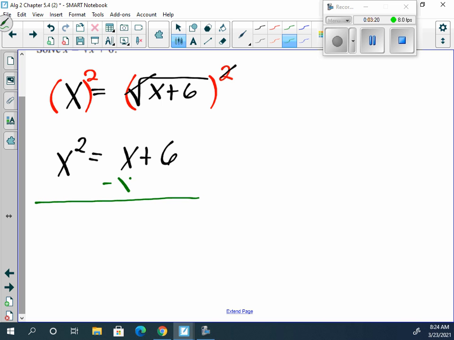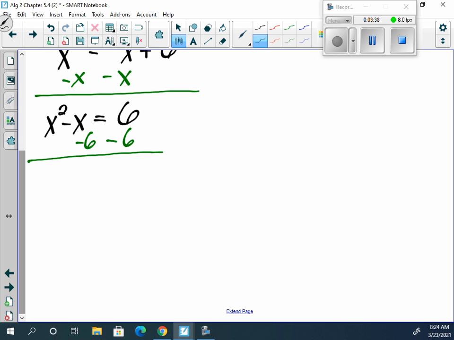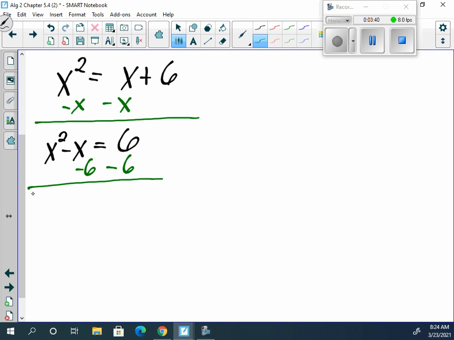So we'll have to subtract x from both sides, which will give us x squared minus x is equal to 6. And then we'll have to subtract 6 from both sides, which would give us x squared minus x minus 6 is equal to 0.